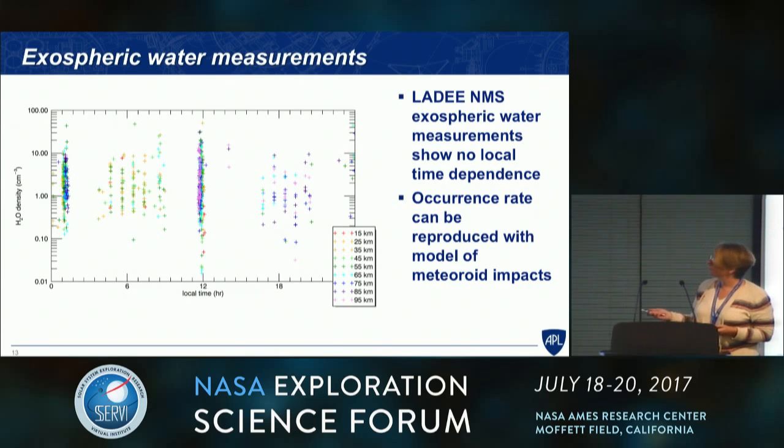But what we could do is reproduce this stochastic signal based on water being delivered by meteoroids. And what you're actually witnessing is not the background exosphere coming from meteoroids, but individual vapor plumes that we're flying through.